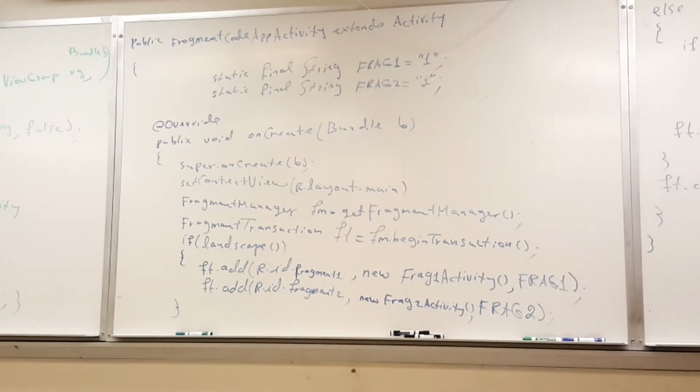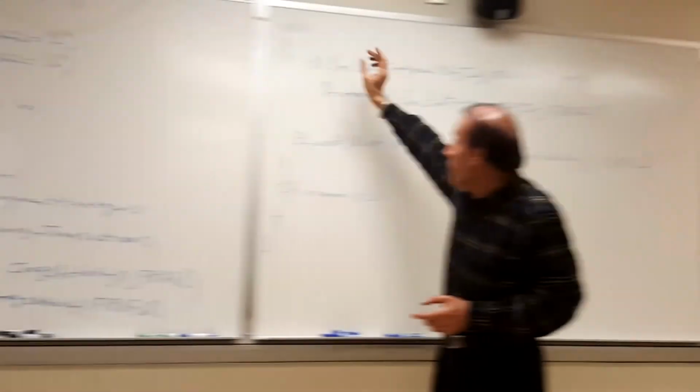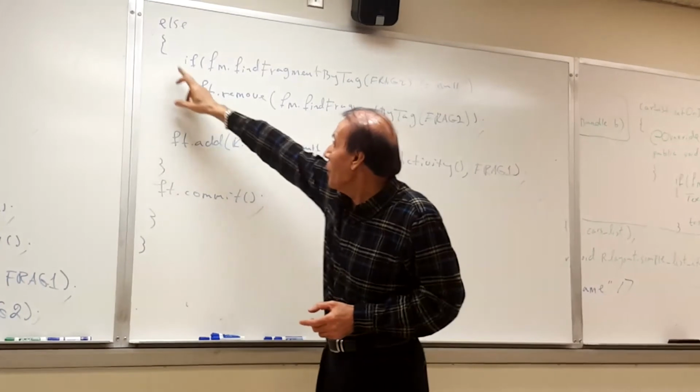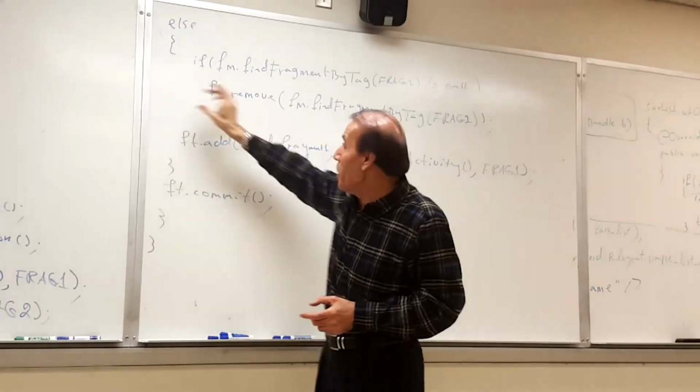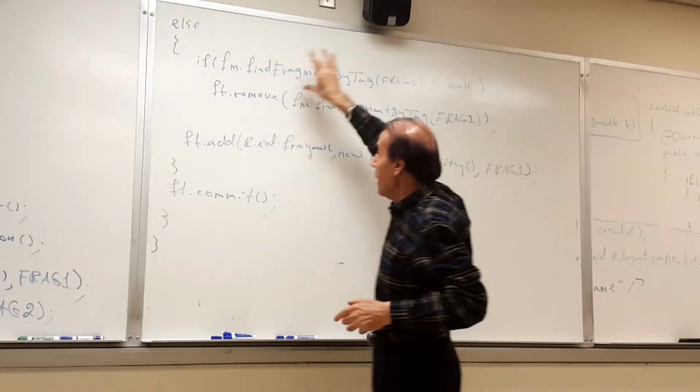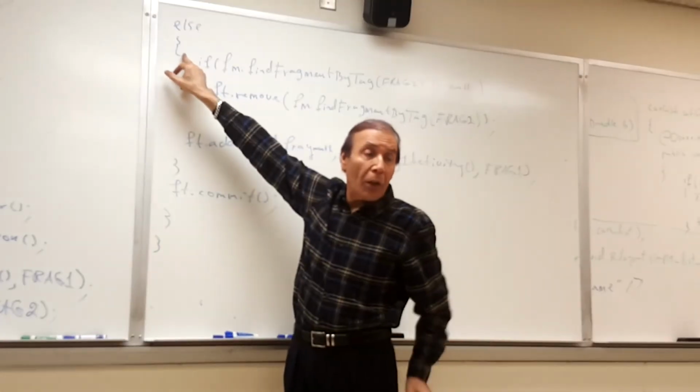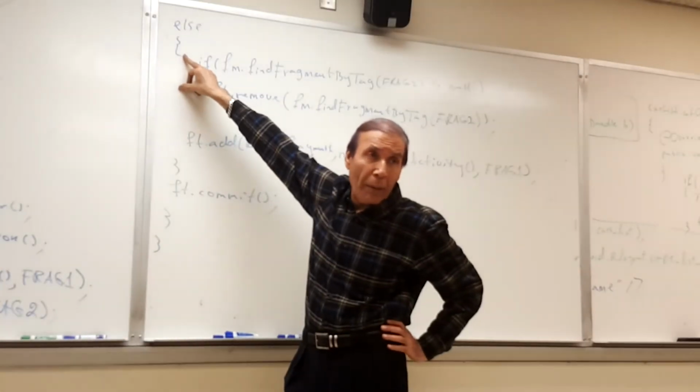Fragment one, yes. In the line above it, shouldn't that be ft dot remove fm dot find fragment by tag frag2? That's why you actually comment this line out, just comment that if statement, because these are together. This is one if statement. Comment that line out. For the first time when you are running the application, no problem.